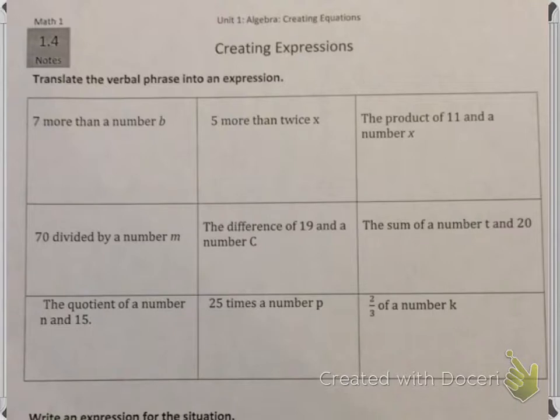So on the first one it says 7 more than a number b. Does anybody know what more than means? More than means to add or to do addition. So what we're going to do here is write it as 7 more than a number b. Now I always get asked whether or not it would have been okay to write b plus 7.